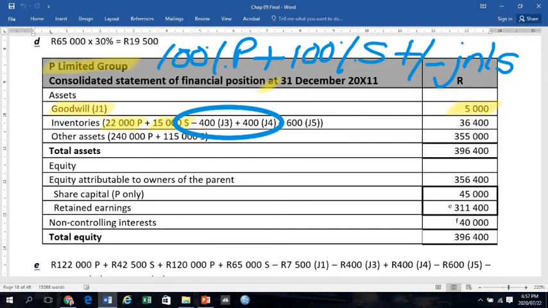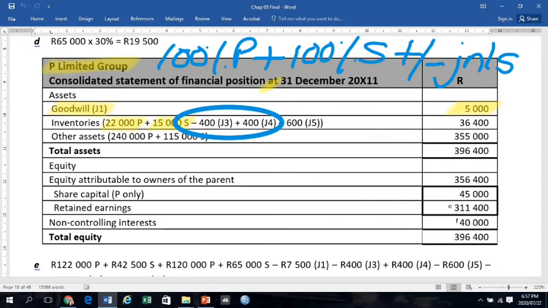But because those inventories have been sold in 20X11, you had an immediate contra debit entry to inventories to cancel out the effect of the 400 Rand. It is assumed that inventories that have been on hand at the end of one financial year will, due to the nature thereof, be sold in the following financial year. If that is not the case, it has to be specifically stated.